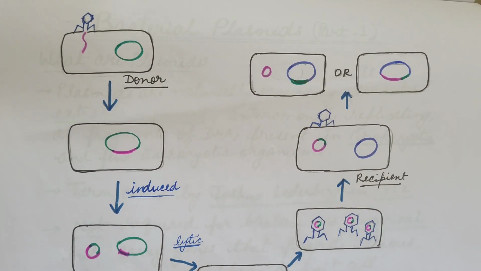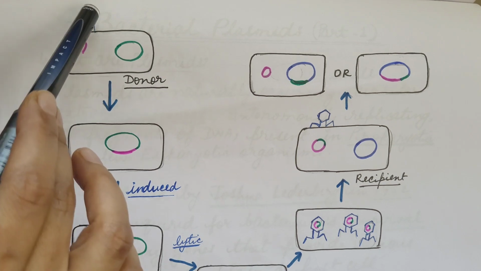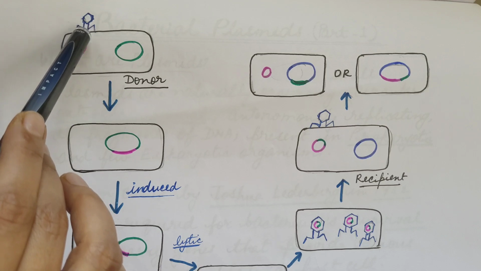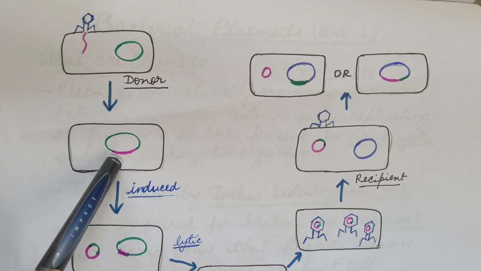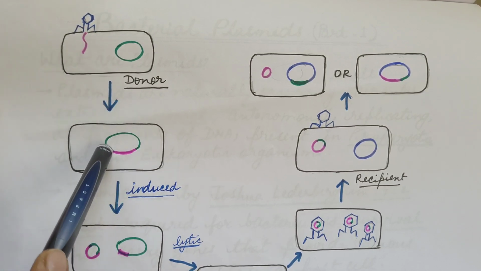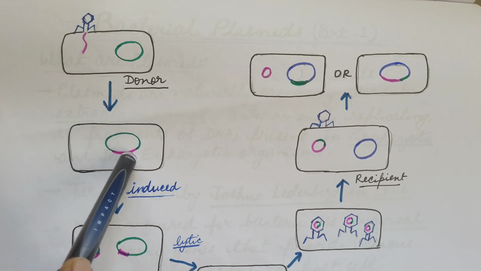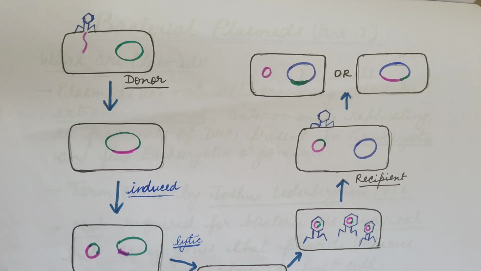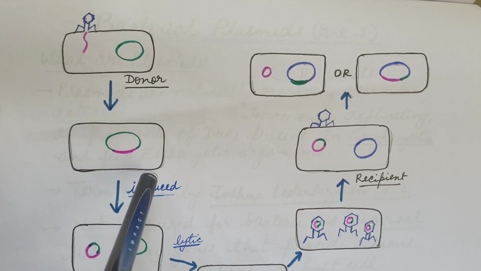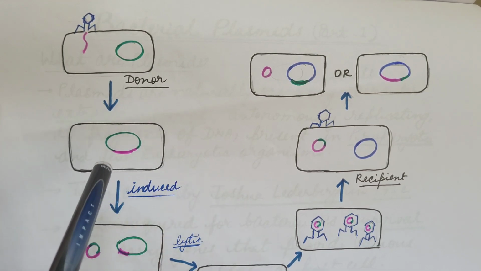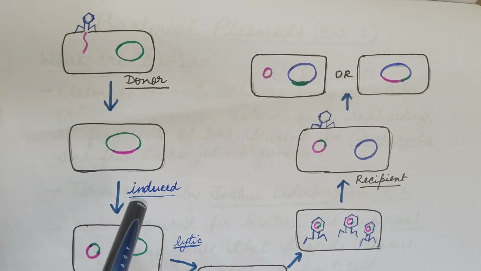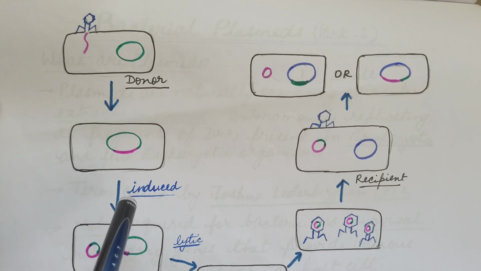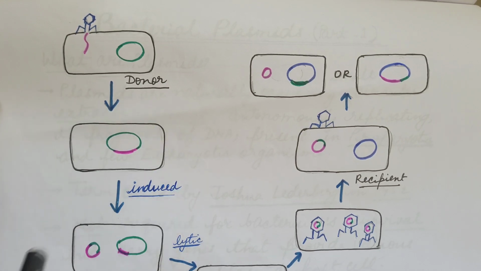But if we talk about specialized transduction, then the temperate phage infects the bacterial cell, injects its genetic material, and this genetic material is then incorporated in the bacterial genome. Bacterial DNA is not hydrolyzed. Also, the lytic cycle or replication of the virus does not start immediately, but starts after several generations when the bacterial cell is induced.